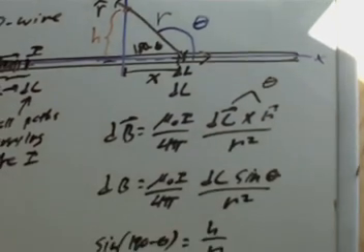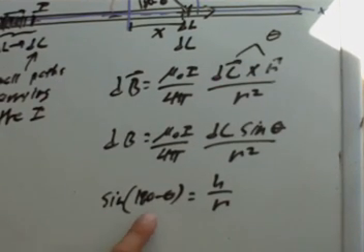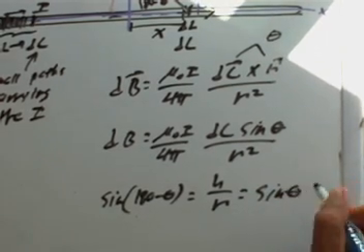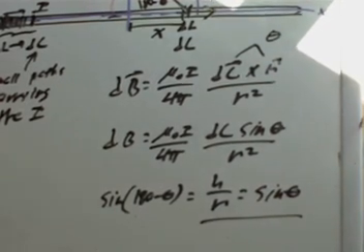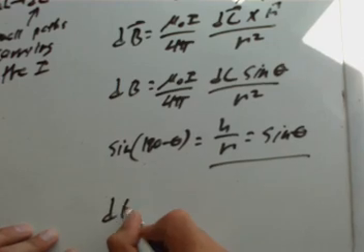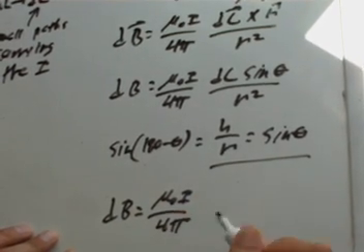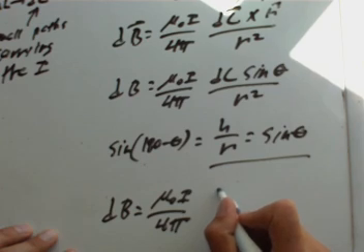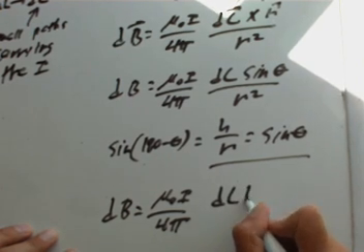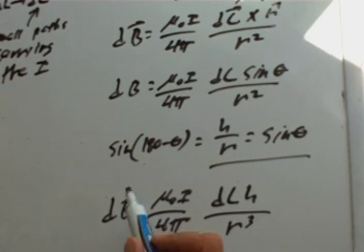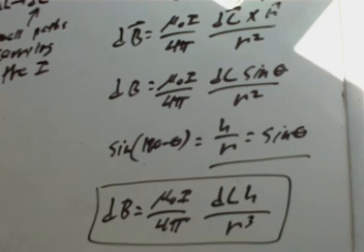Looks like everything's coming together. A trig identity tells you that the sine of 180 minus an angle is just the sine of the angle, so all this is equal to the sine of the angle I was interested in. Let me put that into my dB equation here. I'll have now a dl times h, and the r here will combine with that r squared to give an r cubed. So I have a nice form going here.